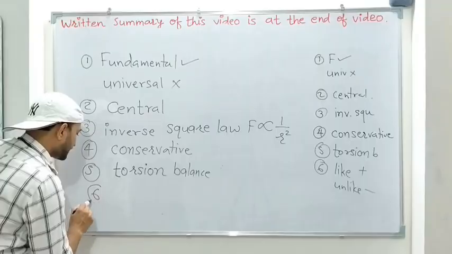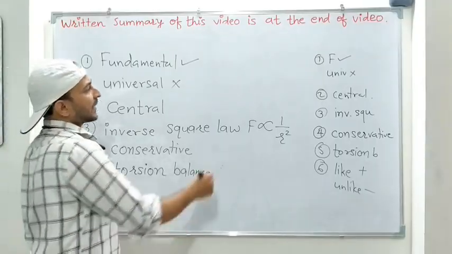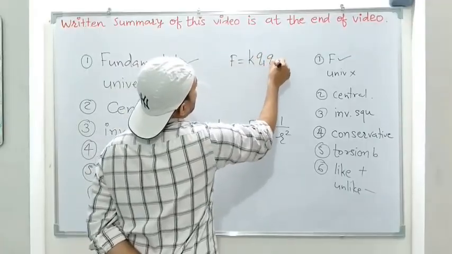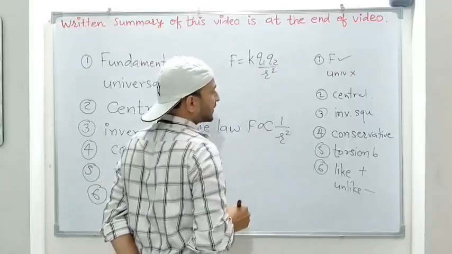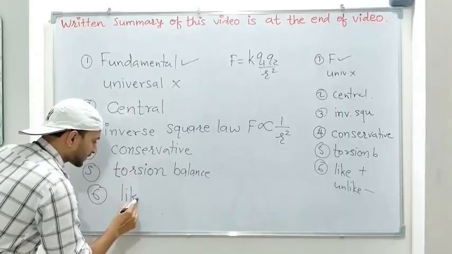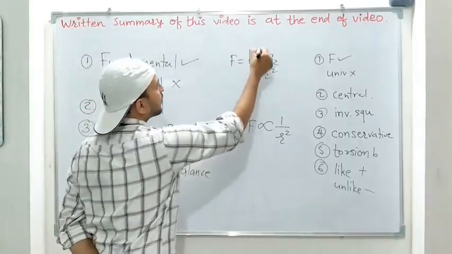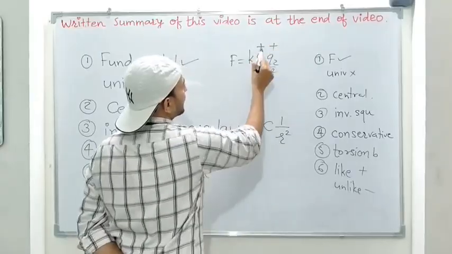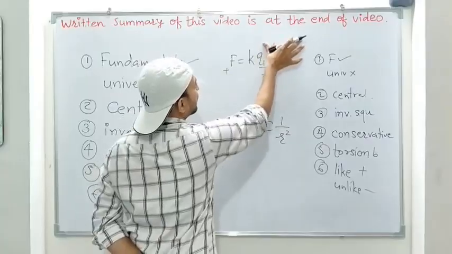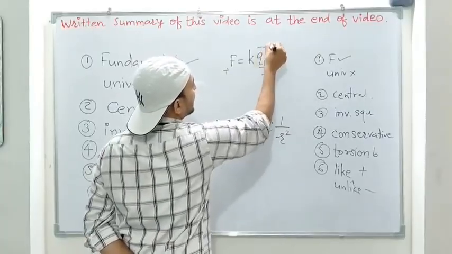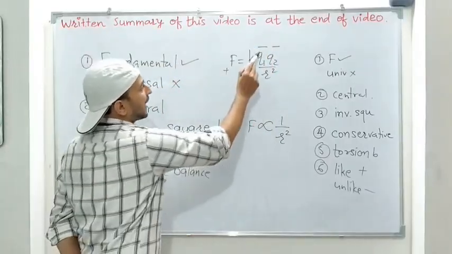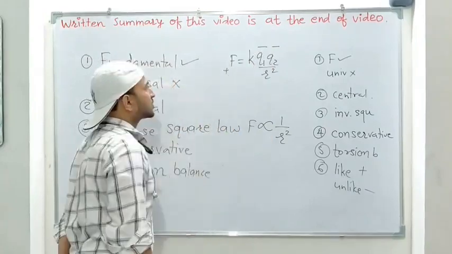Last property, which is very important, F is equal to K Q1 Q2 by R square. Now if both the charges are like charges, like means both are positive, then plus into plus is plus. If both the charges are negative, then also they are called like charges. Then minus into minus is also positive.